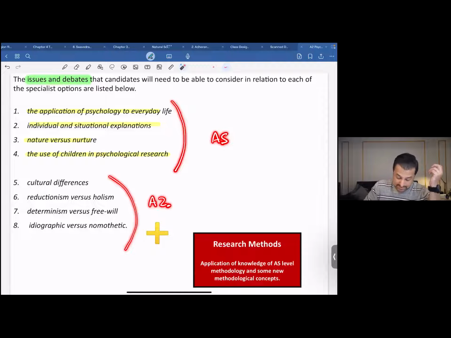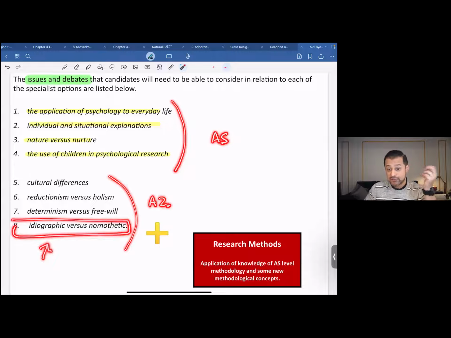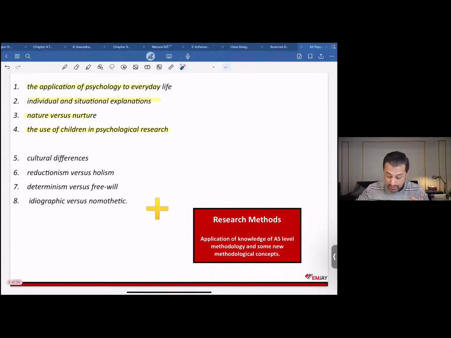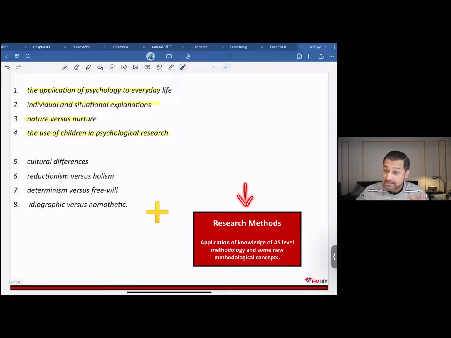Amongst these 8, the 8th one, ideographic versus nomothetic approach, is a recent addition. Along with knowing our issues and debates, and being able to apply them, we should also be aware that we would be tested on research methodology. Yes, you heard me right. The research methodology that you studied for paper 2, that is research methods, is applicable.